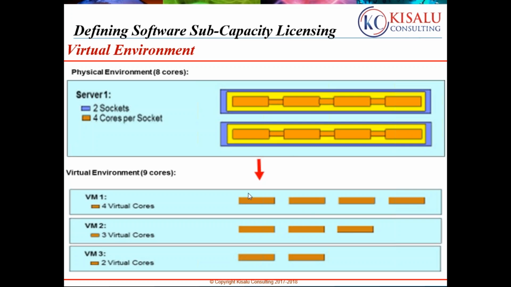But if you say, no, I don't want to run my IBM software on the full machine, I want to create VMs, and I will only run it on a very small machine where I'll put 2 cores, instead of you paying $800, you will then be charged $200. So you save, but the problem is that IBM has no means of knowing that you are running your software on a 2-core machine continuously.